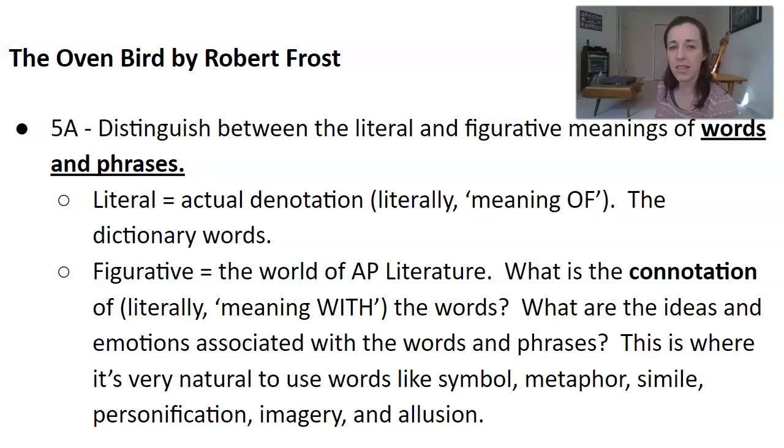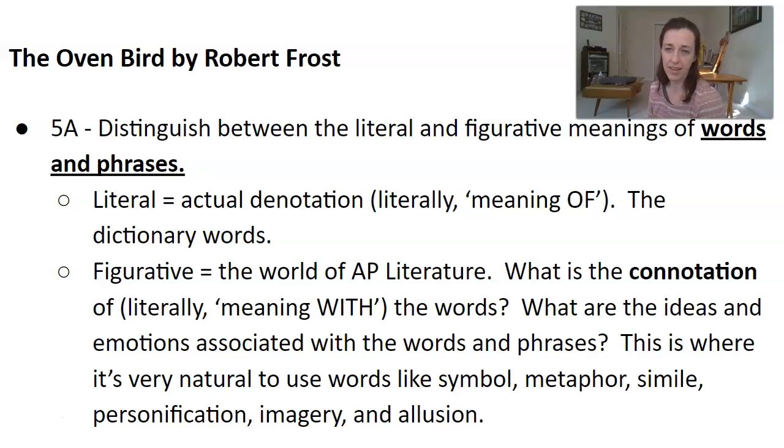First, we're going to distinguish quickly between the differences between literal and figurative. Literal, literally, even though we use that word incorrectly all the time these days, means the actual denotation of a word. Denote, the meaning of a word. Figurative is the world we live in AP literature. What is the connotation of a word?